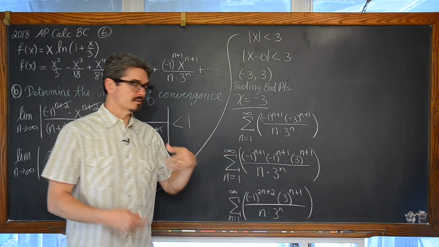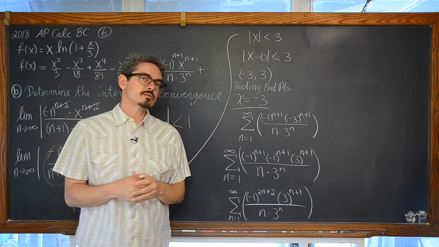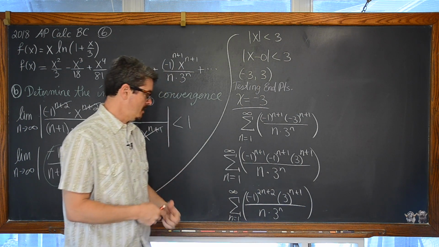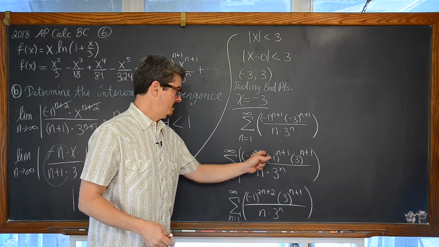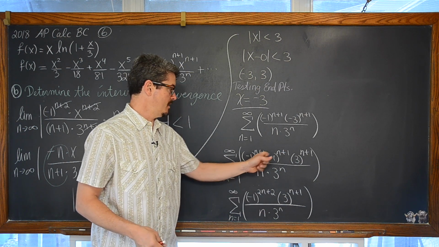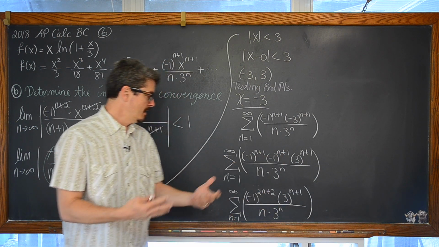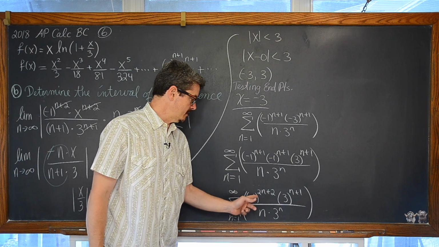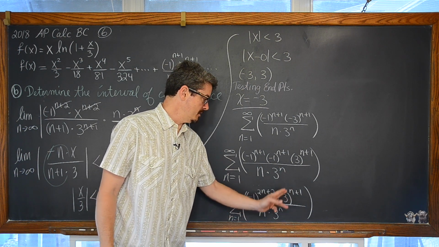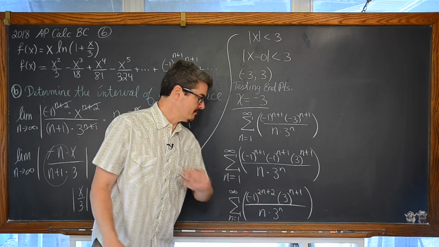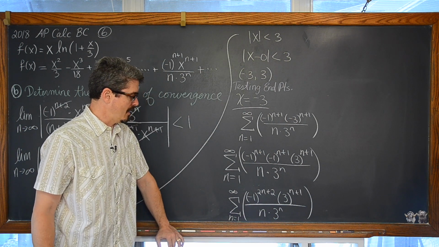Multiplying these like bases, the two bases that have the value of -1, we have -1, n plus n is 2n, and 1 plus 1 is equal to 2. So we have this series where we have (-1)^(2n+2) times 3^(n+1) over n times 3^n.